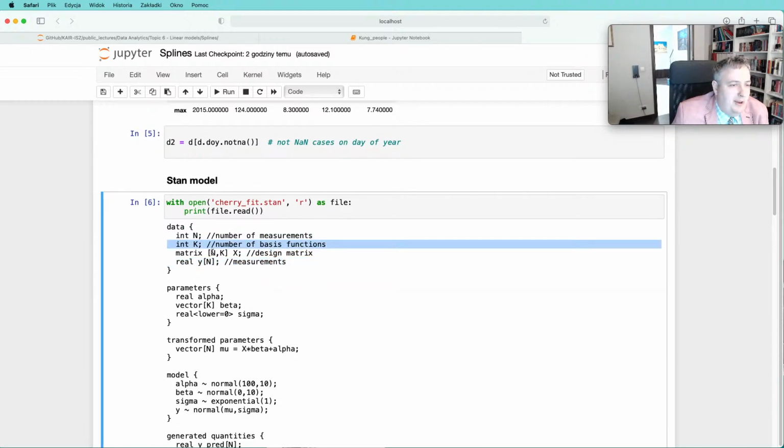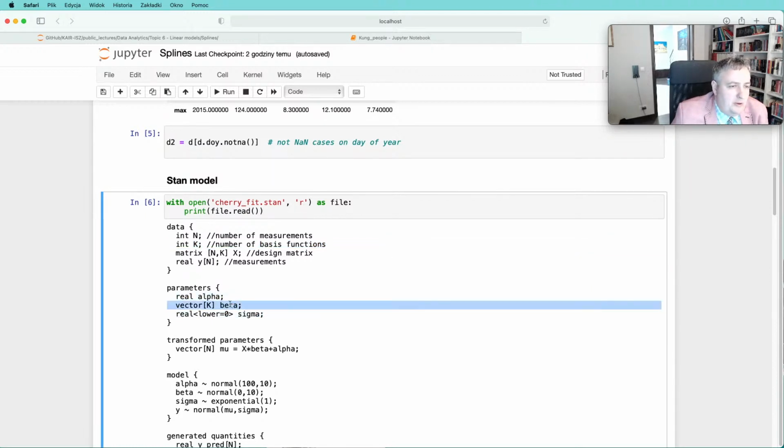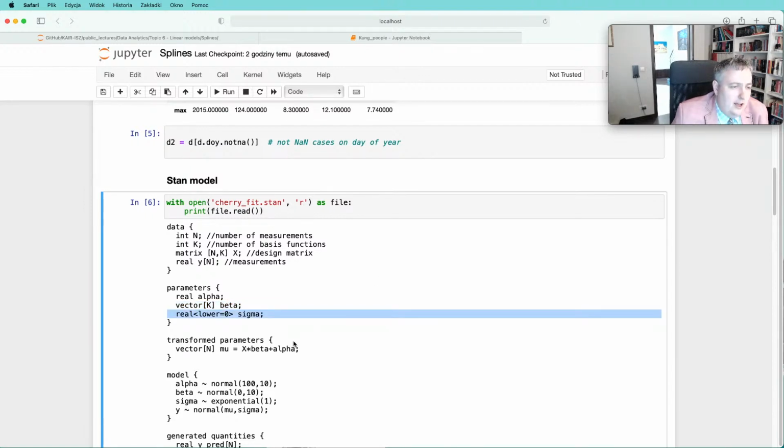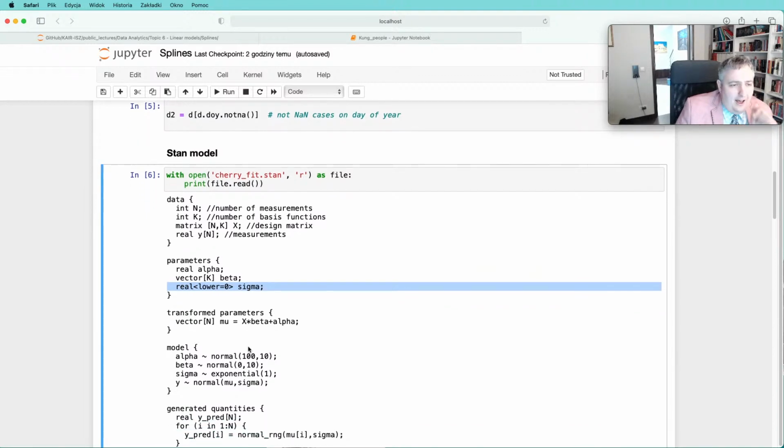The number of basis functions is the number of columns in the design matrix. We have a vector of parameters, one for each basis function, and we compute our transformed parameters vector by multiplying the design matrix by the vector of parameters.